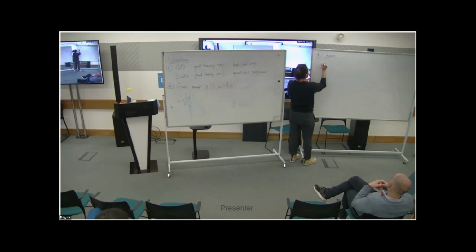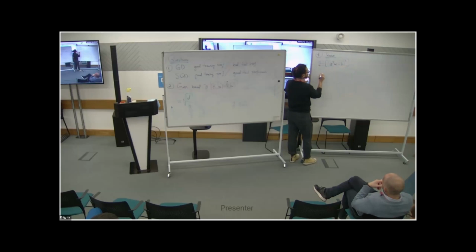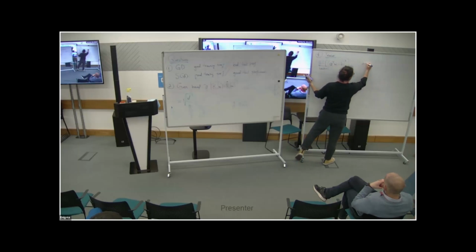Let's say we have the population risk problem: the expectation of (A transpose W minus B) squared, where the expectation is taken over the law of A and B. A is a Gaussian with zero mean and identity covariance, and let's say B is a Gaussian.